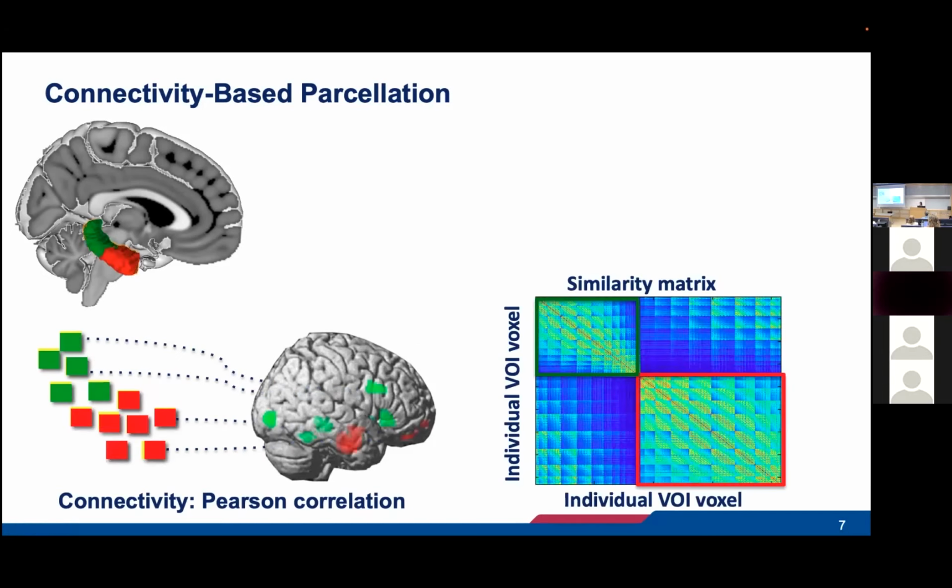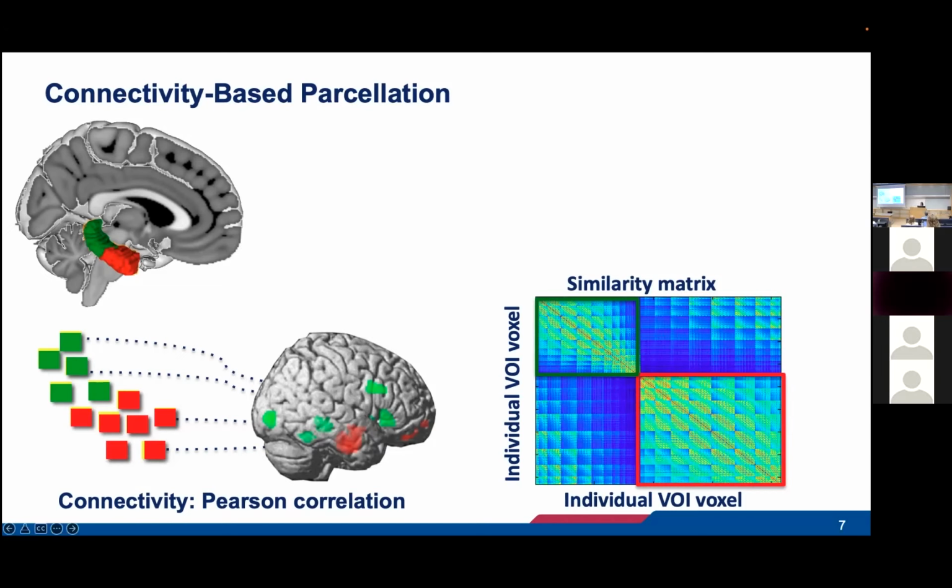So what we do is we apply a clustering algorithm, and in my case it was K-means, dividing the voxels based on their dissimilarity in connectivity profiles. So we end up dividing the hippocampus into subregions, and we assume that the voxels within one subregion are more similar to each other based on their connectivity profile, but dissimilar to the subregion or cluster of the other one.